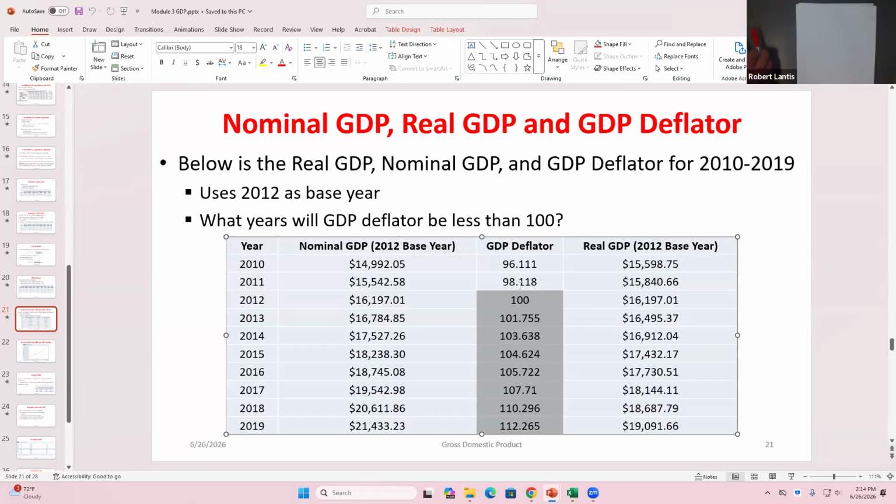Now, it gets kind of weird, but if I had deflation, the opposite would be true. If I'm working backwards in time and I have inflation, when I go backwards I'm actually looking at lower prices. So it's almost like looking at years before the base year, I'm thinking there's deflation. Technically, there's not. It's just that we're looking back in time. So in every year prior to the base year, if I have inflation, the exact opposite holds: my nominal GDP ends up being less than my real GDP.